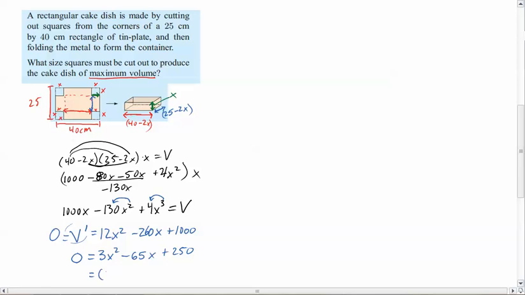Oh boy, are you making me use my brain? Yes, I am. So 3x and x. Now, possible factors of 250, I guess it could be 10 and 25. But 25 times 3 is going to give me 75 and 10, so that doesn't quite work because I need the signs to be different.